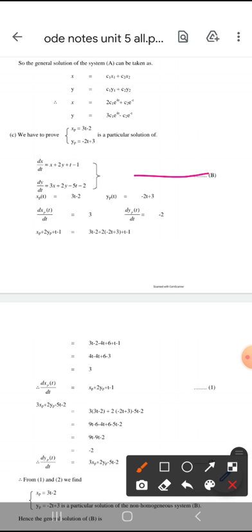Now xp(t) = 3t - 2 and yp(t) = -2t + 3. Now we differentiate xp(t) with respect to t, and we get 3, which is a constant. Similarly, we differentiate yp(t) with respect to t, and we get -2.